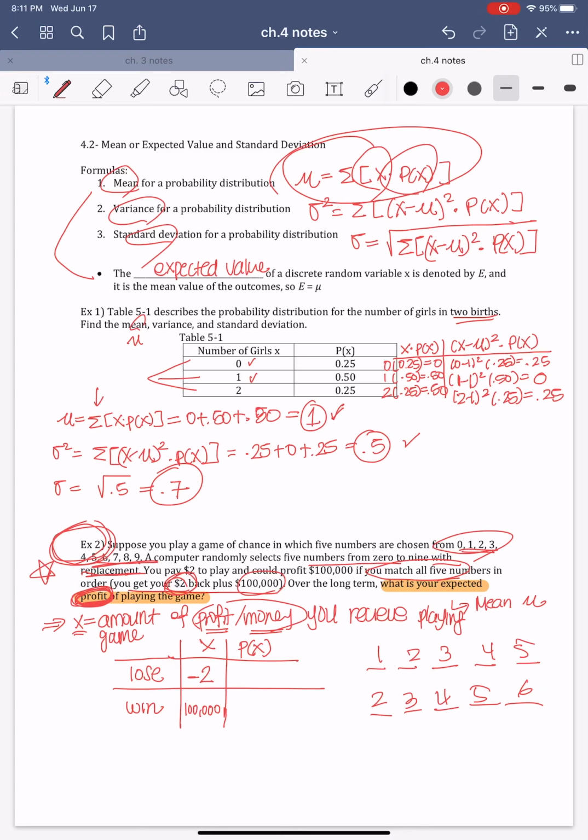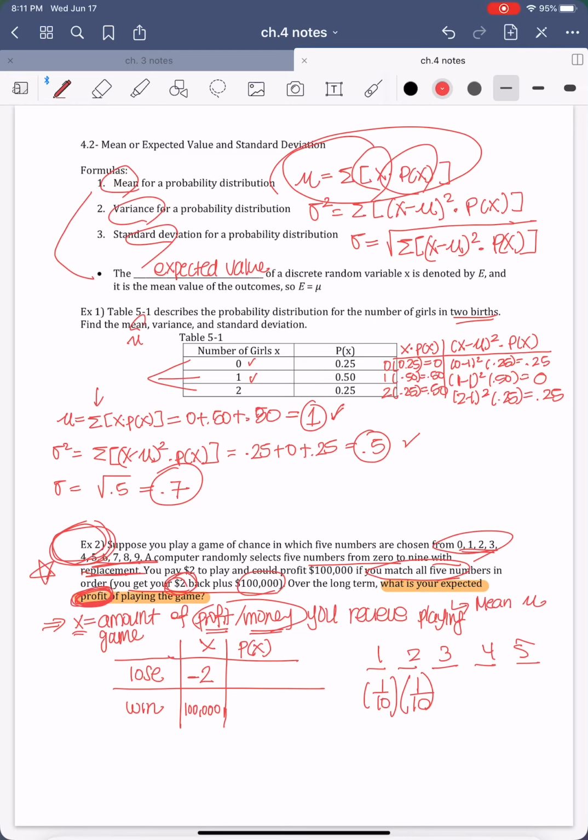Now let's calculate the probability for winning. What is the chance that you select 1 from the pool? There's a 1 out of 10 chance. Then for the next number, what is the probability that you're going to select 2? Again, because it's with replacement, I'm still going to have 10 numbers available, and having 2 will be 1 out of 10.